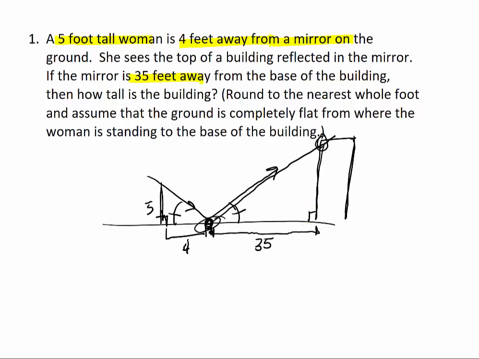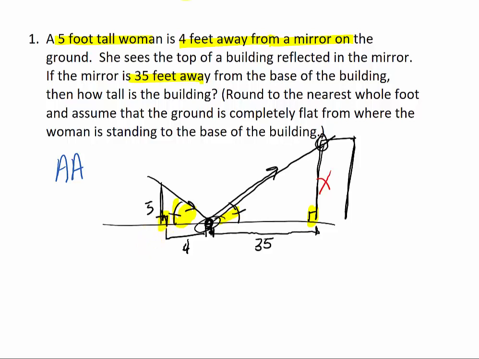So if you look at these two triangles, I have a right angle, and I have that angle of reflection going in is the same as the angle of reflection going out. So again, I have angle-angle similarity. We know these two triangles are similar. So we can use these two similar triangles to figure out the height of the building, which I've labeled x.